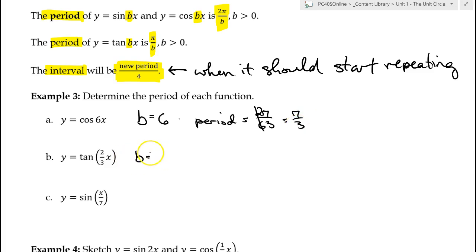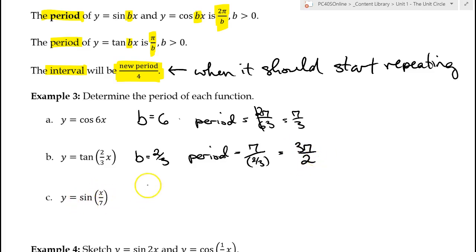B, in this example for part B, is 2/3. So period is pi divided by 2/3. Again, when I'm dividing by fractions, it's like multiplying by the reciprocal. So really this is going to be 3 pi over 2.